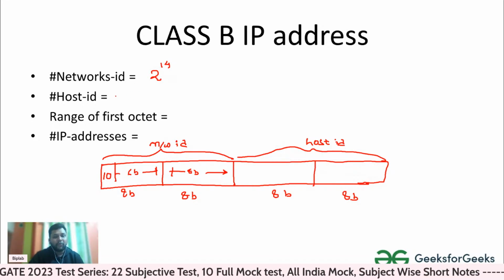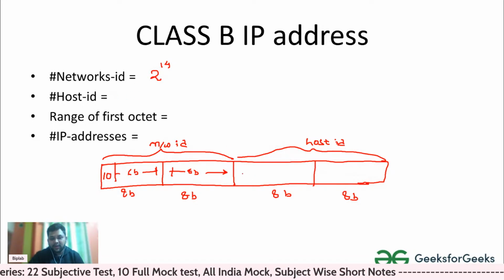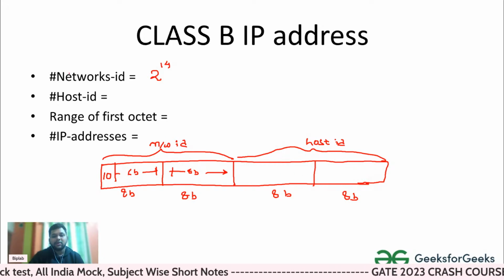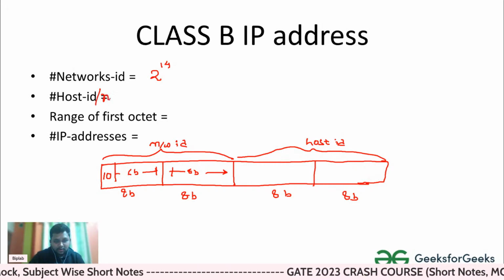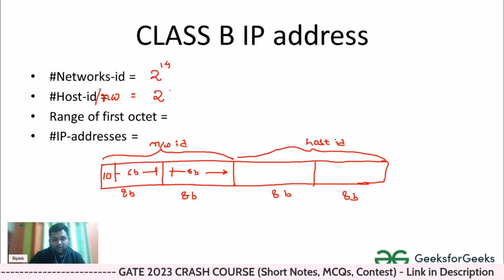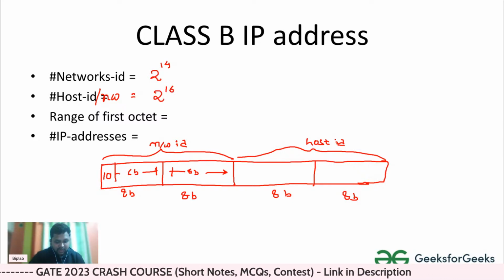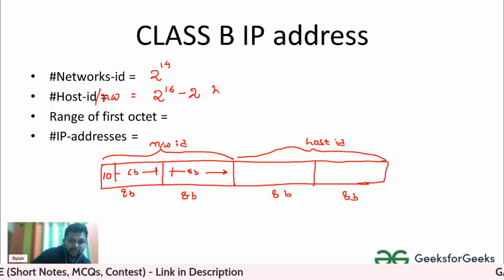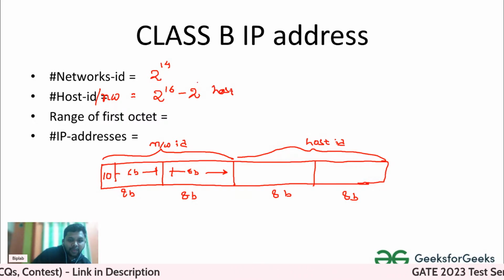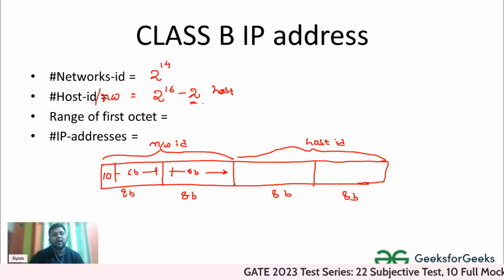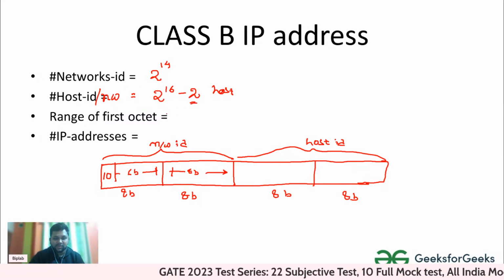The hosts per network you can also count: you have 8 bits here and 8 bits here, so per network you have 2 to the power 16 minus 2 hosts, because for each network you have to reserve 2 IP addresses for special uses.